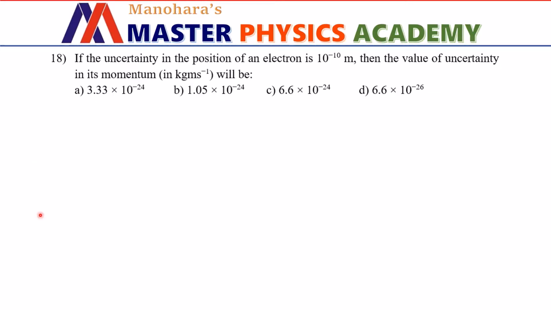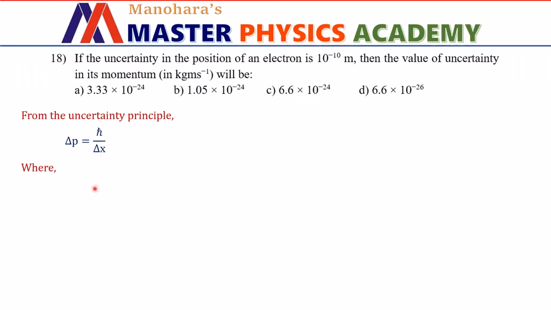If the uncertainty in the position of an electron is 10^-10 meter, then the value of uncertainty in its momentum will be? From the uncertainty principle, we have uncertainty in momentum equal to h bar divided by uncertainty in position.